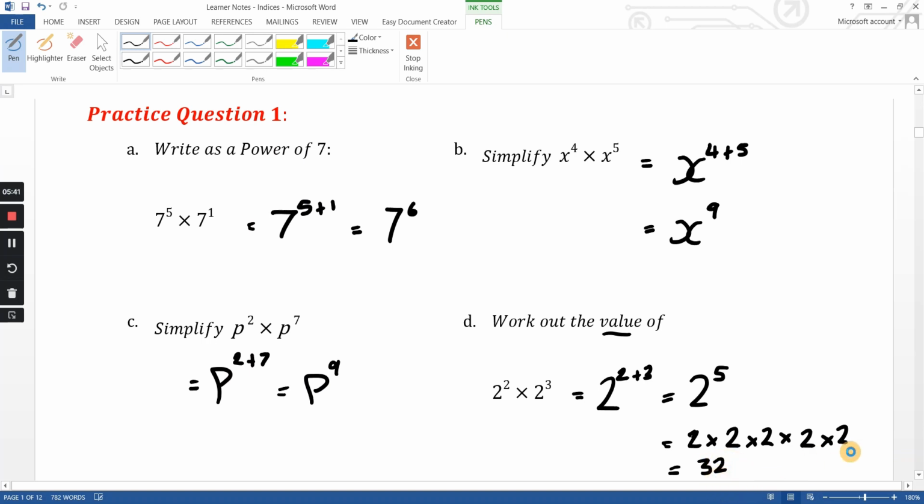So you have to put 32 as your answer, not 2 to the power 5. So just be careful. Sometimes they say write it as a power or leave it in index form, and sometimes they'll say work out the value of, and you'll have to write it as an integer.